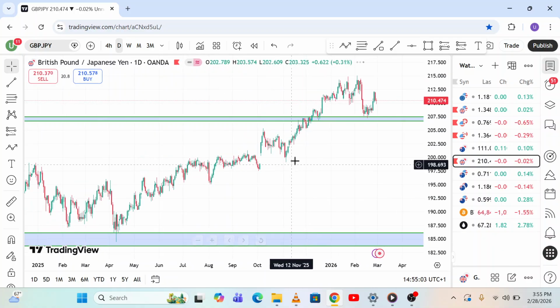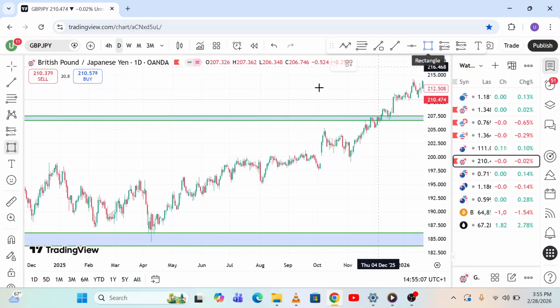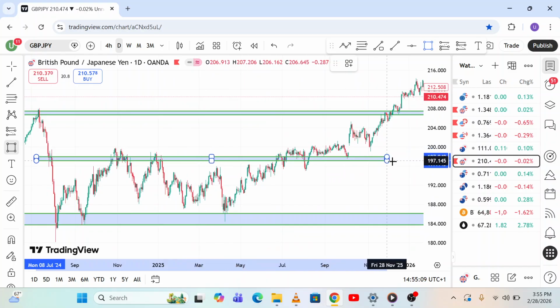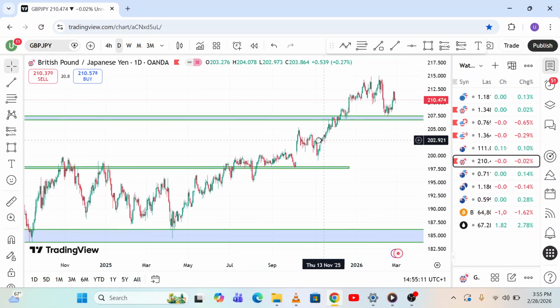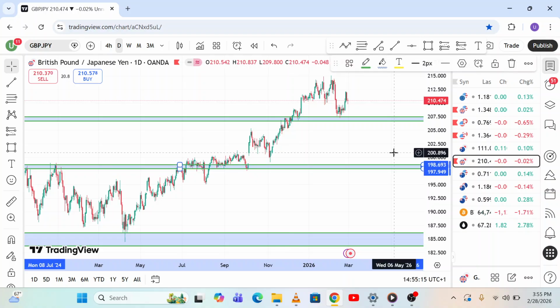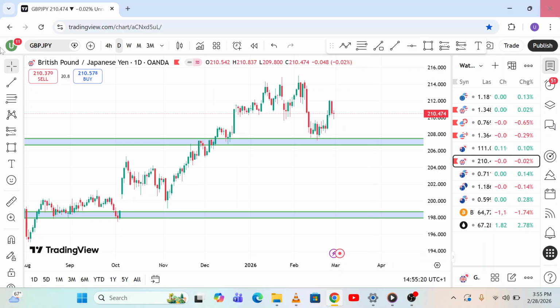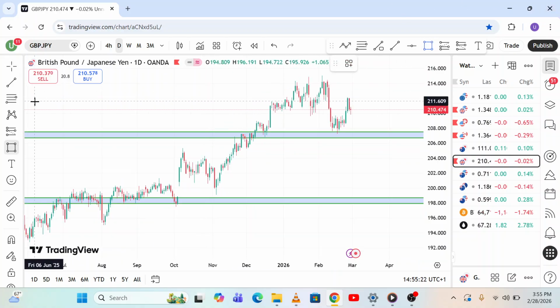Remember, if we are in an uptrend, we are only looking for a buy in a lower time frame. Our main target is to look for a buying signal in a lower time frame. As you can see, we are in a beautiful uptrend.